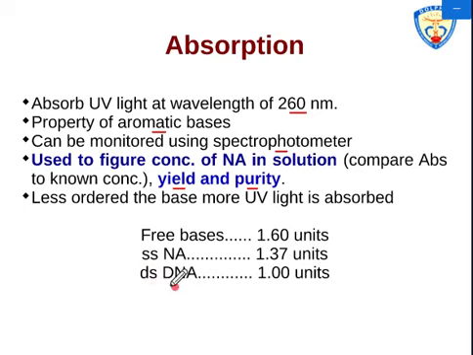The reason is that in a double-stranded DNA molecule, these bases are hydrogen bonded to each other, and the bases are not free to absorb ultraviolet light. When you convert a double-stranded DNA into single-stranded form, or you denature a native DNA molecule, the bases are not hydrogen bonded to each other, but still they are bonded to the sugar, and therefore the value of absorption increases when you compare it to a double-stranded DNA, but it will be lower than the value that is given by the nitrogenous bases.